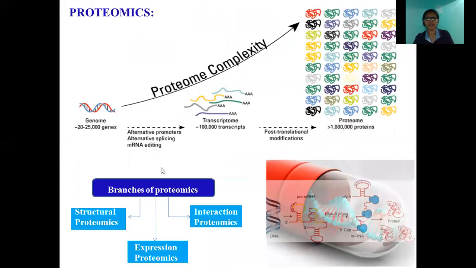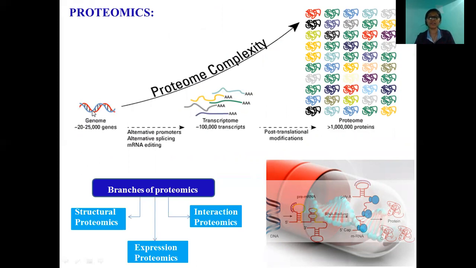Here is the best concept, which I have put here. In the first diagram you see the genome, and here are the proteins which are synthesized from this genome. You see in the figure, it is very much less. Near about 20 to 25,000 genes are present in this genome.